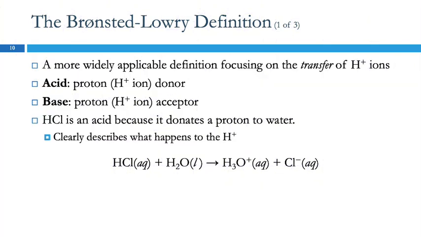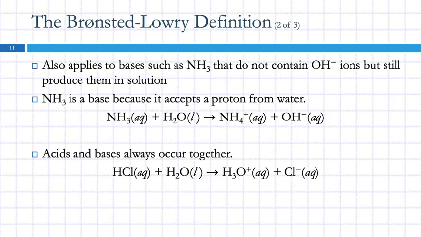So the base is a proton acceptor. And so this applies better to bases such as NH3. If we just look at the chemical formula for NH3, it doesn't have hydroxide in it, right? And so you're like, well, how's that a base? All the bases are like metal hydroxides.